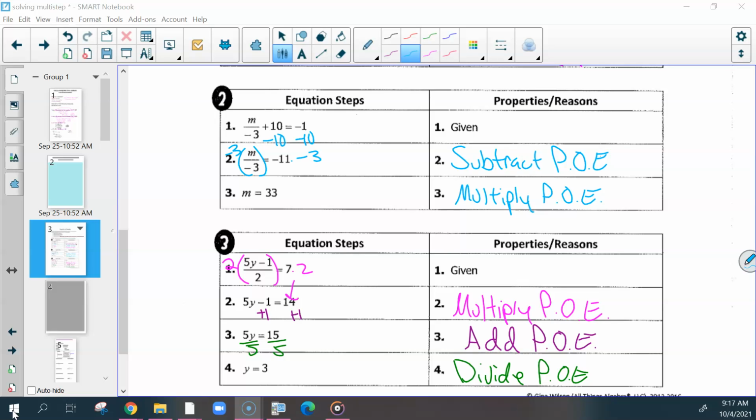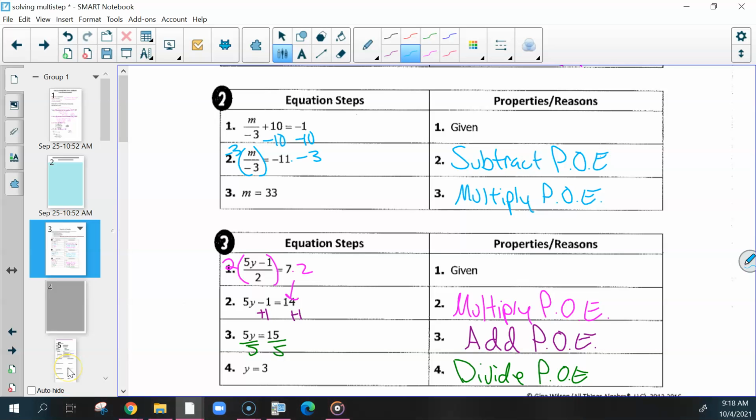So we have to multiply both sides by negative 3 to get rid of that negative 3. So this is just showing you how they would be solved, how we're going to solve, and what those equalities are called.